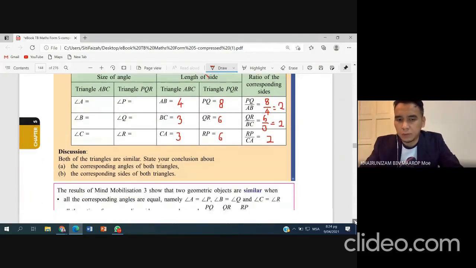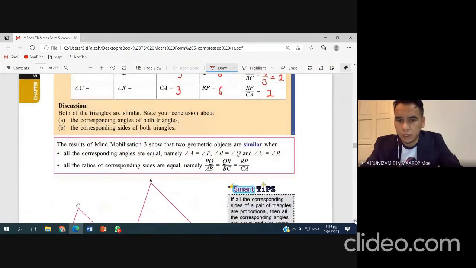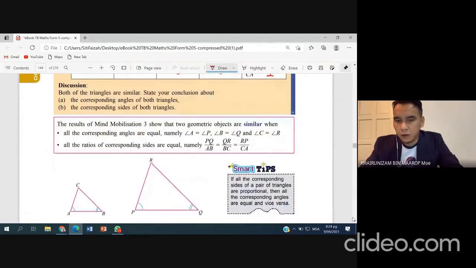Similar. Look at this result. The result of the activities shows that two geometric objects are similar. Why similar? Because all the corresponding angles are equal. This we use the protractor.